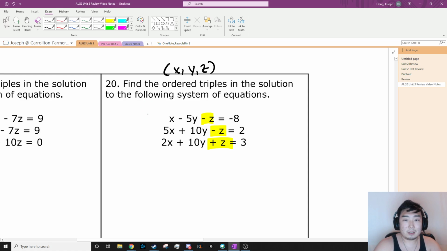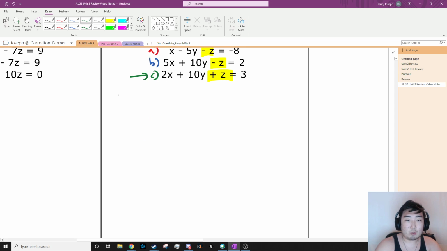So I will say this is A, this is B, and this is equation C, and this is my easiest, or is going to be my most common, because this is -1, this is -1, this is +1. So equation C, I'm going to be using twice.